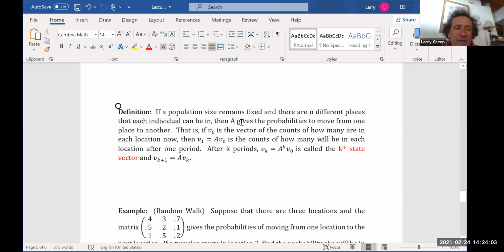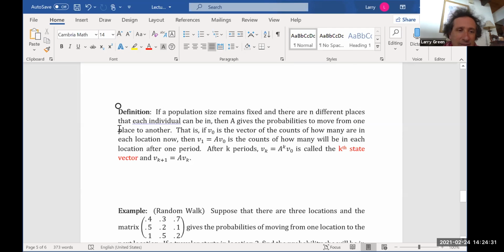So the idea here, and no births, no immigration, is that the matrix A, this Markov matrix, is going to give the probability to move from one place to another, or from one state to another. So in my example, it'd be a 50 by 50 matrix.